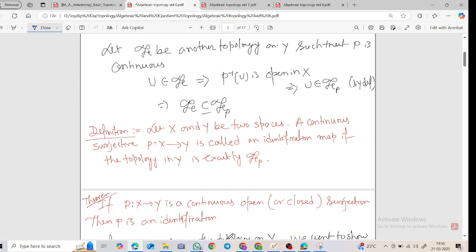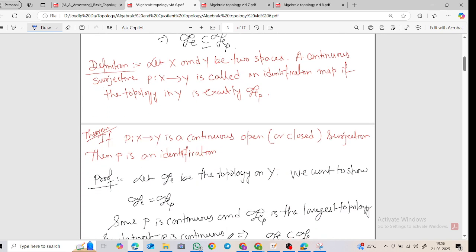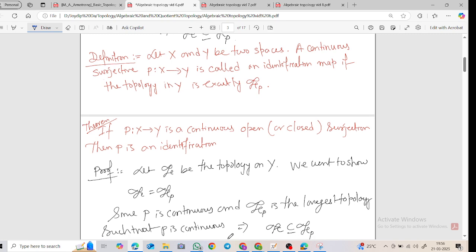This is the definition. Let X and Y be two spaces. A continuous surjective P from X to Y is called an identification map if the topology on Y is exactly F_P.